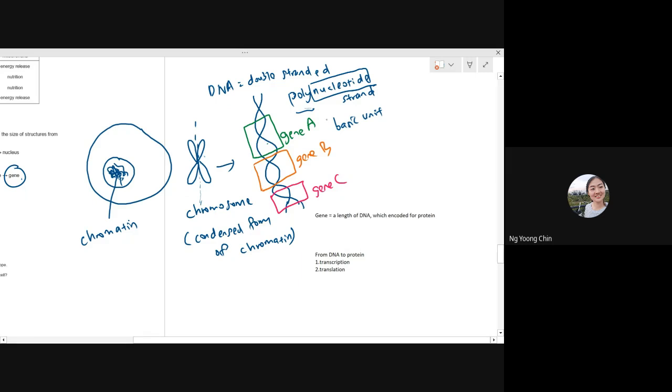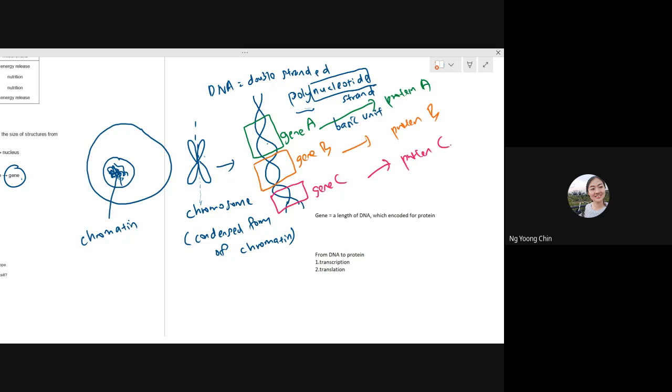So in the end, gene A will undergo transcription and translation and produce protein A. Gene B will also produce its own protein B, and this one, another protein C. So you can observe that DNA is a very big and complex structure.